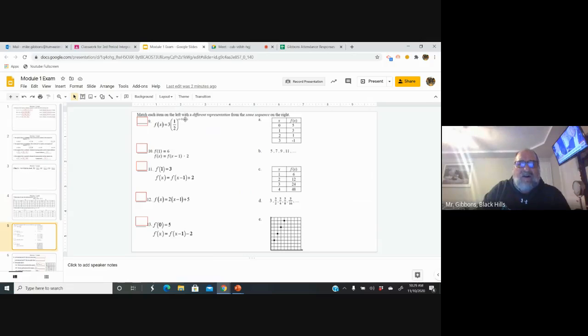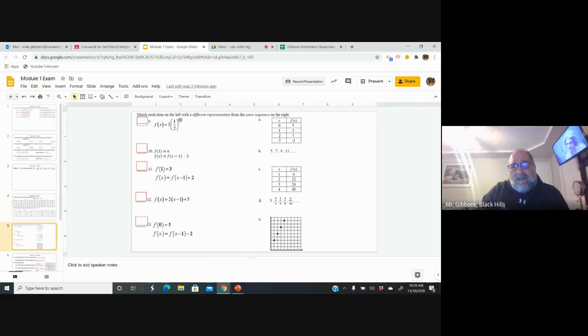So I'm looking for my first input is 0, and that could actually occur on a sequence or in a table. In fact, on the makeup exam, I believe I put a little note that we're going to start our sequences with the first term being the 0 term. But anyway, that doesn't tell me a lot when I look at the sequences, but look at the tables right here.